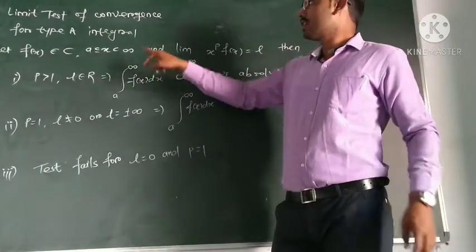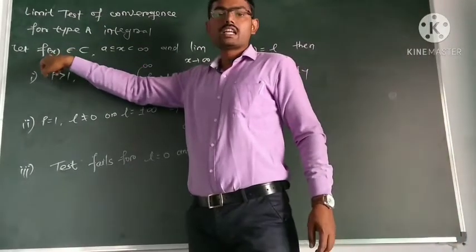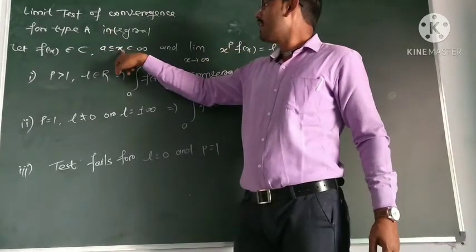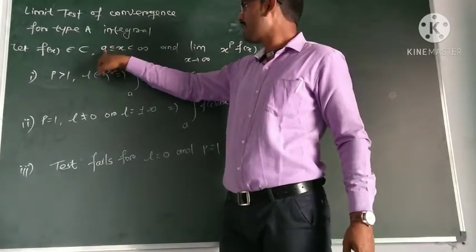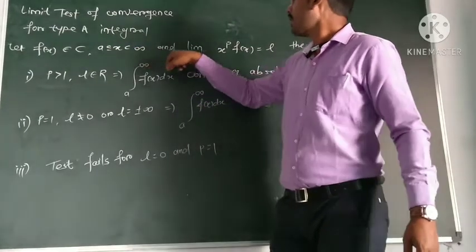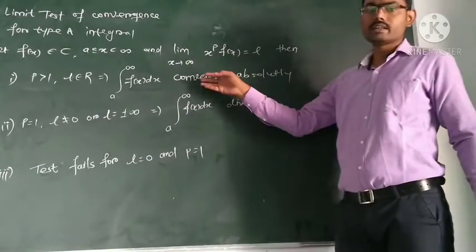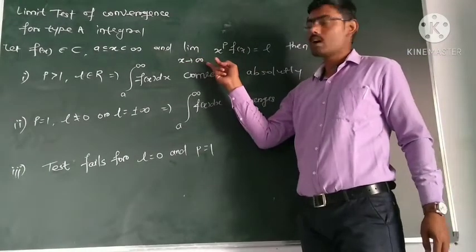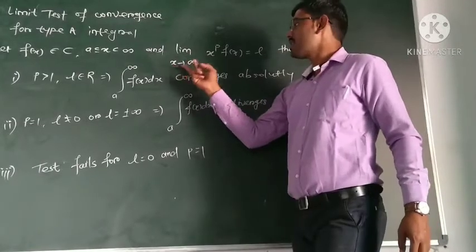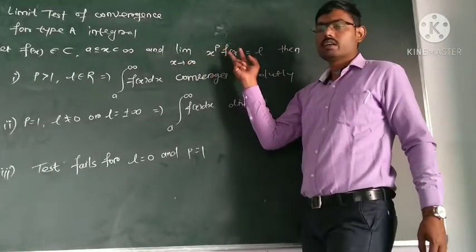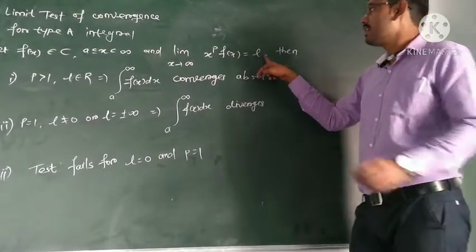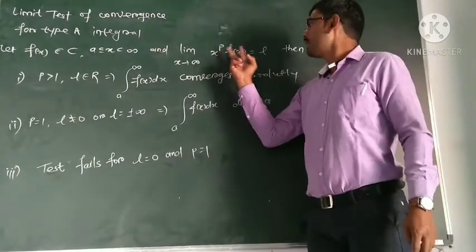So the test is: suppose there is a function f of x which belongs to the class of continuous functions, x is greater than or equal to a and finite, less than infinity, and the limit as x tends to infinity of x to the power p into f of x is equal to, say, L. What is L? L is the limit of x to the power p into f of x.